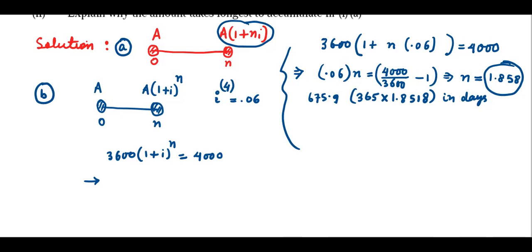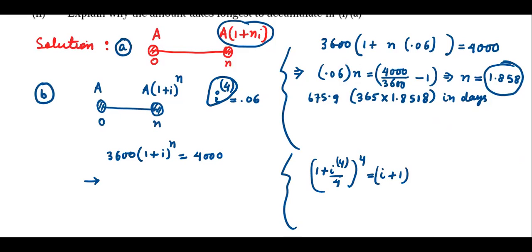So you have two options. From I4, you apply the formula and find I. The formula is 1 plus I4 divided by 4 power 4, that is equal to I plus 1. You solve it, find I, put here. But that might take a lot of time. Alternatively, you can directly put this formula here: 1 plus I4 divided by 4 power 4 and power n.